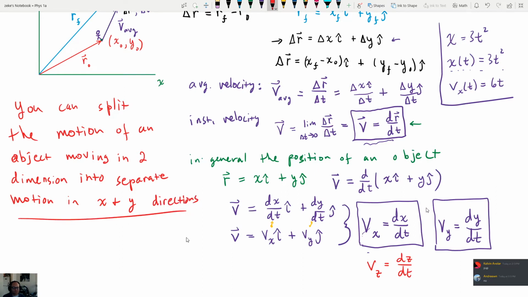This means that the x velocity of the object has nothing to do with what's happening in the y direction, and the y velocity of the object has nothing to do with what's happening in the x direction at all. They're completely separate from each other, which is pretty amazing. And it makes solving a lot of problems quite a bit simpler, because of the fact that we can do this. Okay?